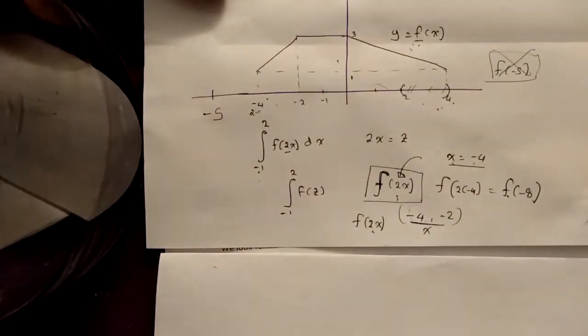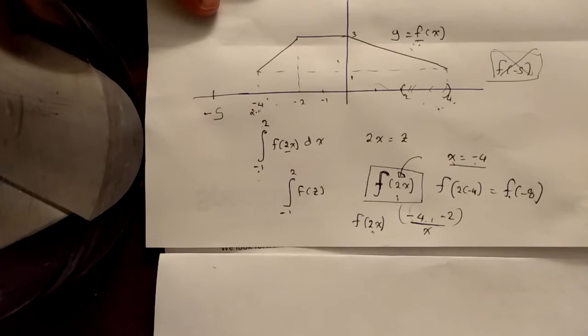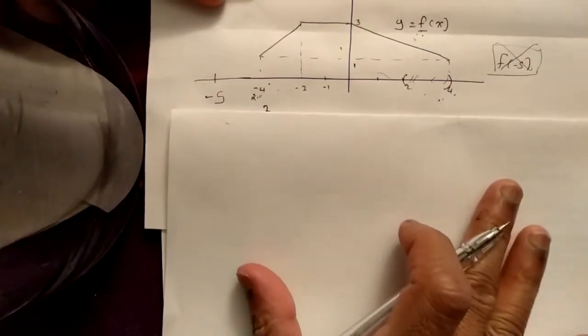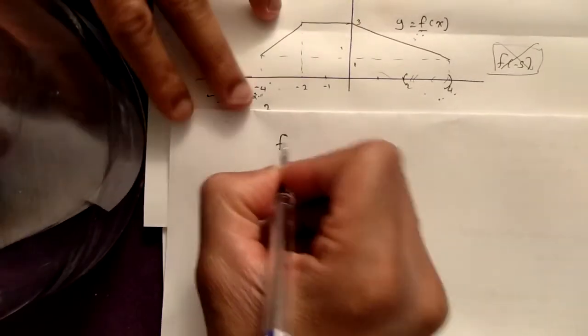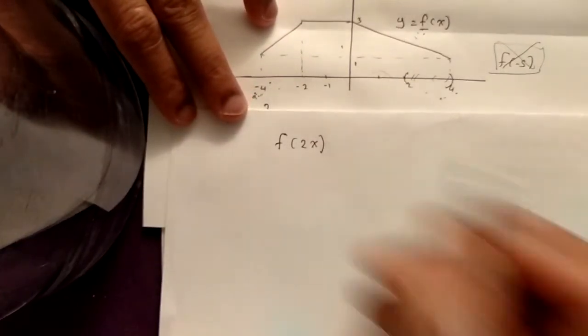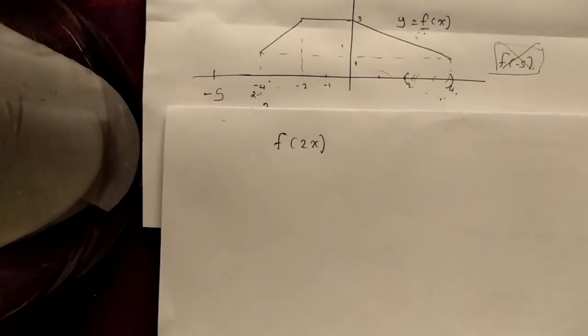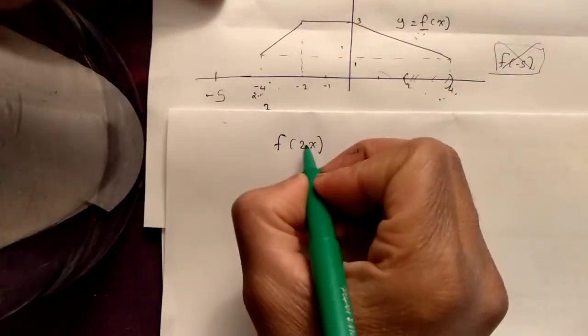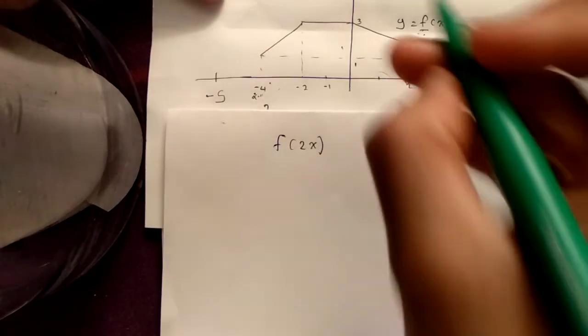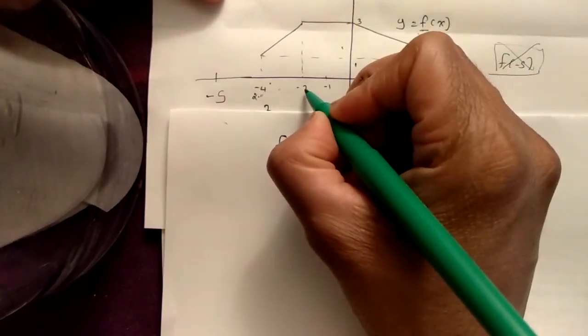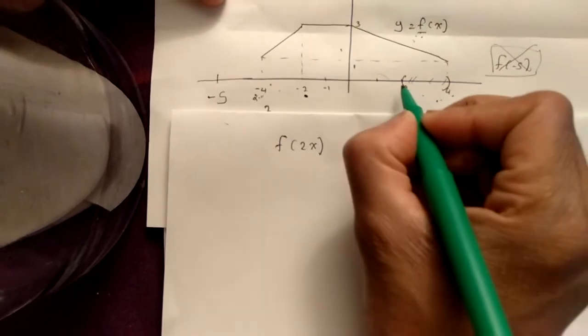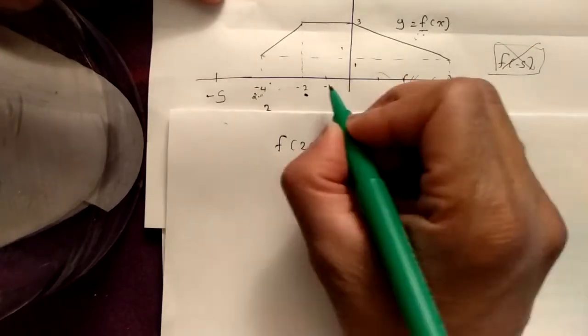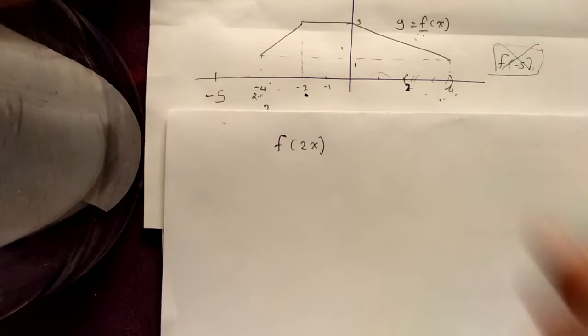And okay, so now what will happen to the graph of this function when they have given it like f(2x)? Now here we can see the inputs for this notation can only be considered from -2 to +2. Other than that, we cannot have any inputs.